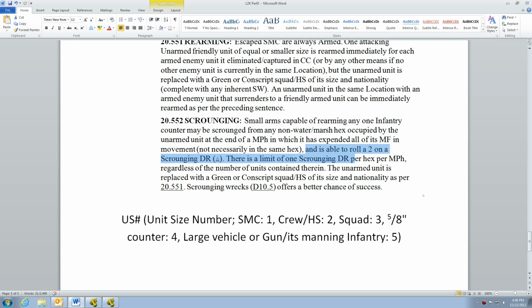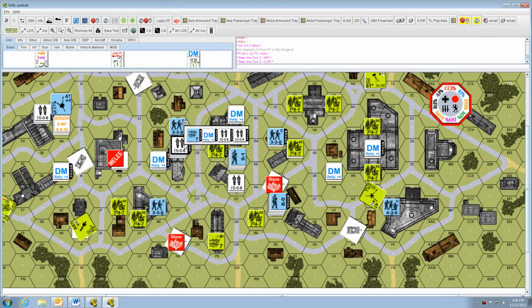So basically what that's saying is the units here, if 2 half squads fight in close combat and kill that broken German half squad, one of the half squad prisoners will immediately come back as a green American unit, and the other one could then try to scrounge weapons from different locations by spending all of its movement factors in that location trying to find some weapons.